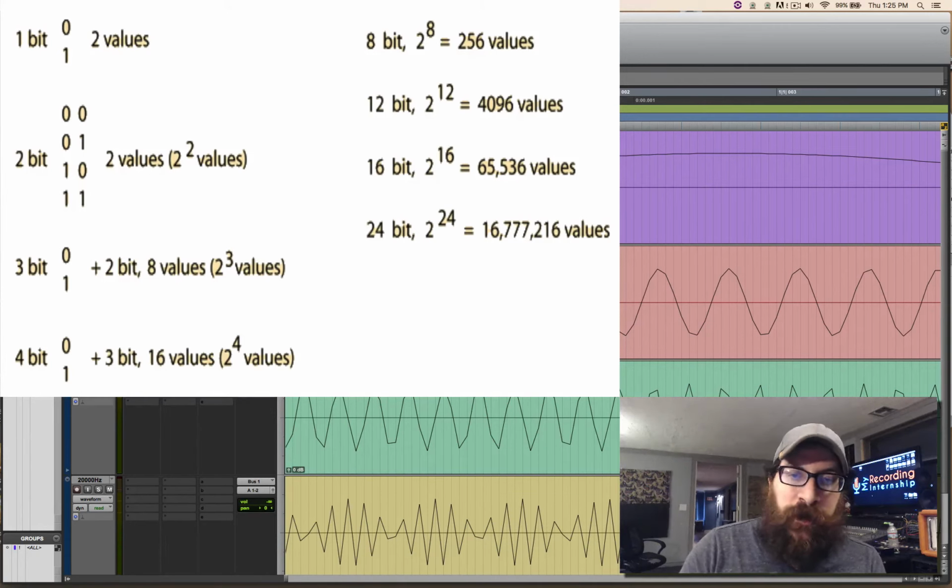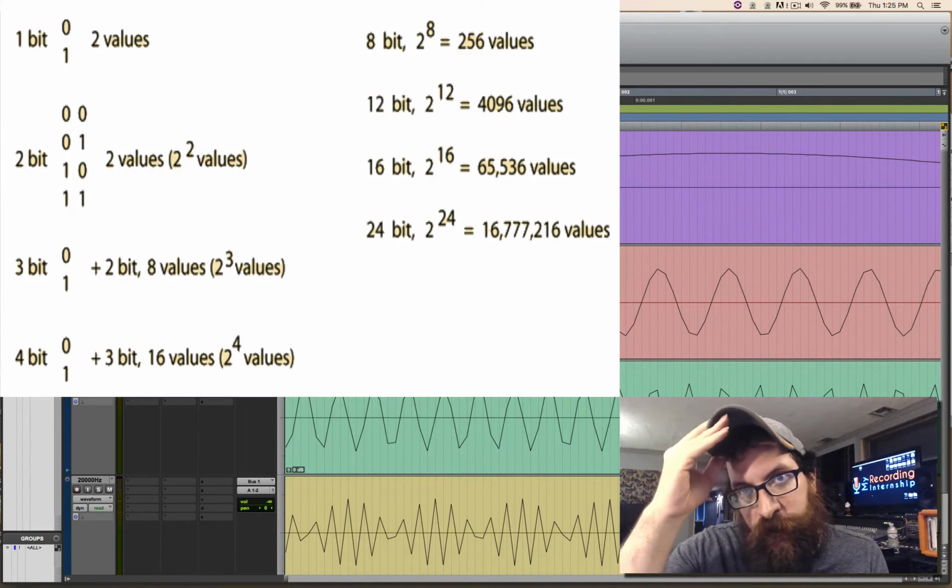I can go ahead and do those calculations, throw them up if we need to. But you get it, it's not 8 different spots that it can hit here for the amplitude. It is thousands of different spots once we reach 16, and probably hundreds of thousands once we reach 24.